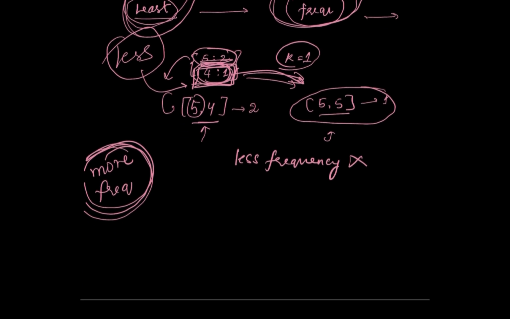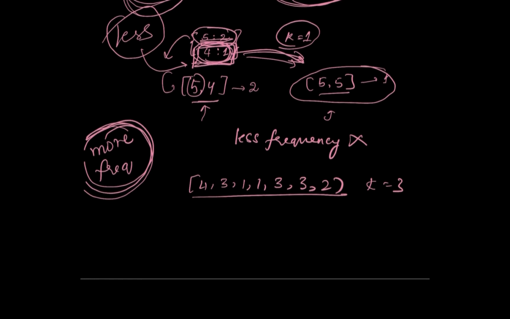Now let me take a different example: 4 3 1 1 3 3 2 and k is equal to 3. Again I will note down the frequency of all these elements. 4 occurs 1 time, 3 occurs 3 times, 1 occurs 2 times and 2 occurs 1 time.